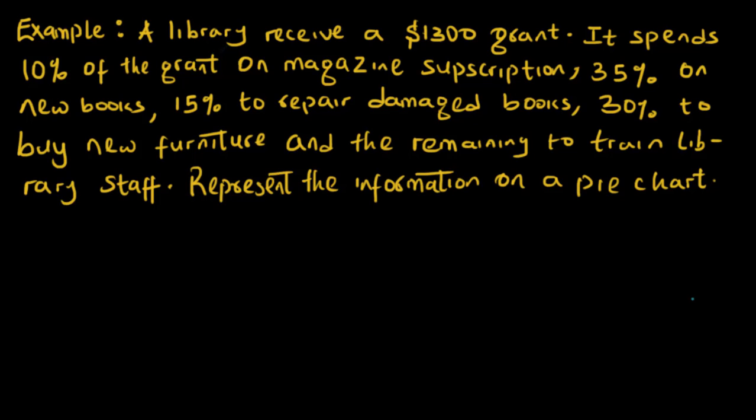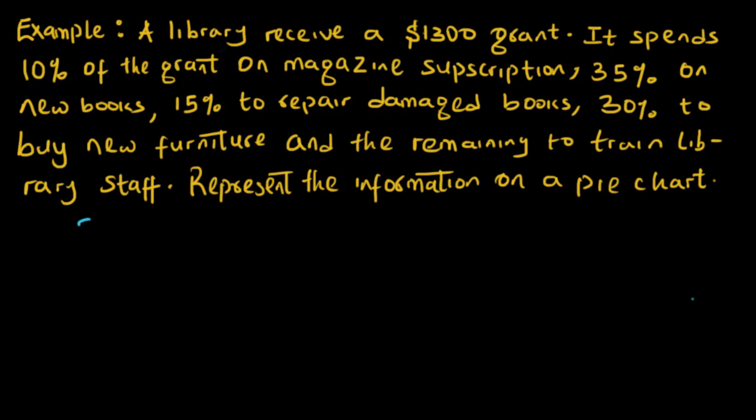A library receives a $1,300 grant. It spends 10% of the grant on magazine subscription, 35% on new books, 15% to repair damaged books, 30% to buy new furniture, and the remaining to train library staff. Represent the information on a pie chart.